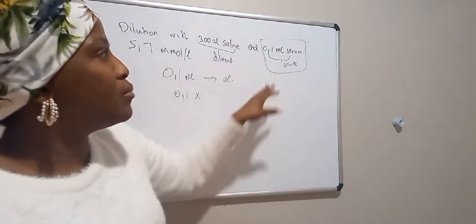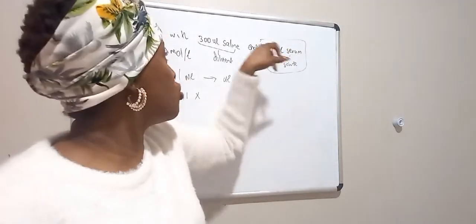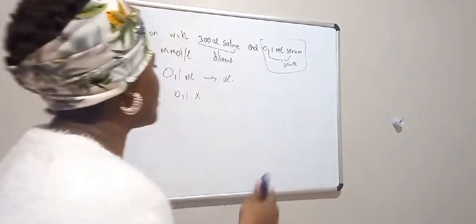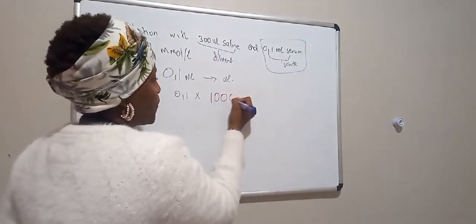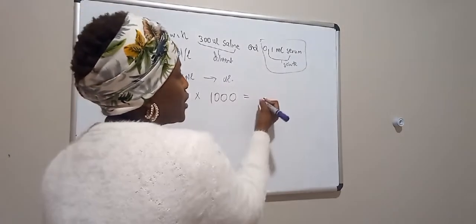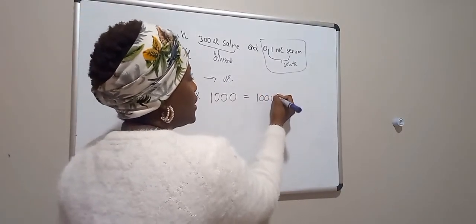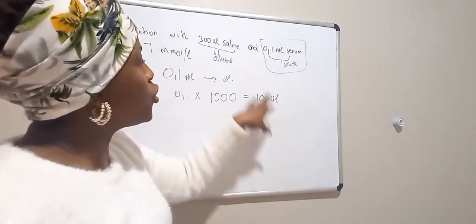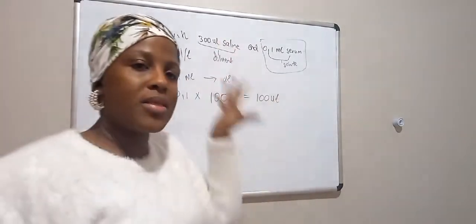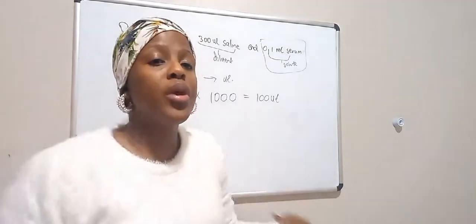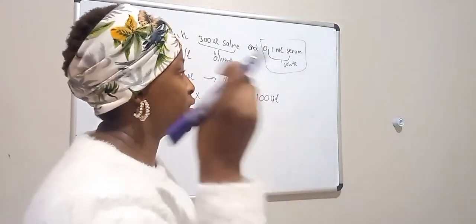Moving from mils to microliters, you move by 3 zeros, so we have to multiply by 1,000. We punch that onto the calculator, and you end up with 100 microliters. So now your units are the same for your diluent as well as for your serum.